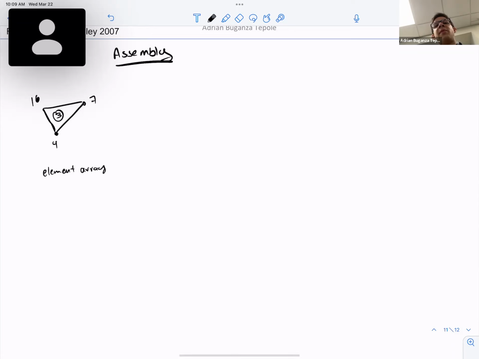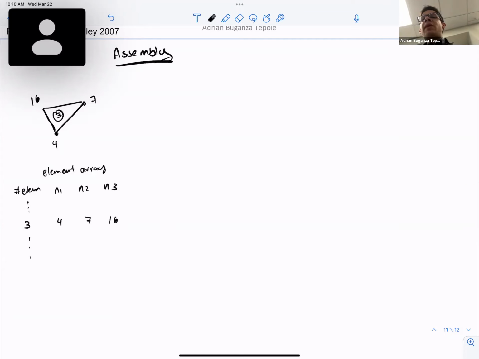Because remember that the element array has the element, and then it has the 3 nodes that make up this element. So here in this array, the third line should have 4, 7, 16. And this is what we are going to use to do the assembly.